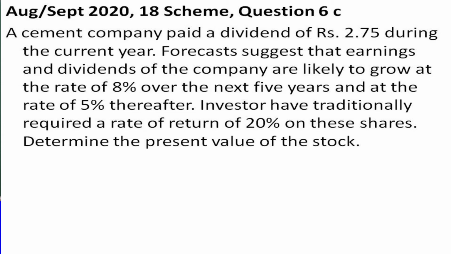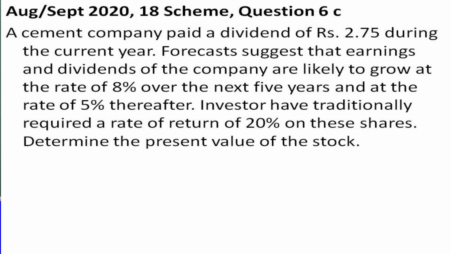A rate of return of 20% on these shares. Okay, this is the problem. I'll read out the problem once again for your understanding. A cement company paid a dividend of rupees 2.75 during the current year.